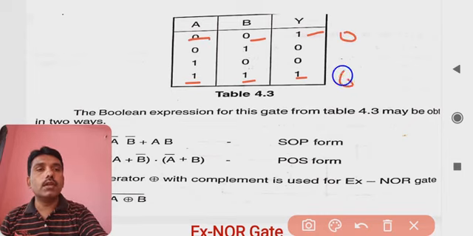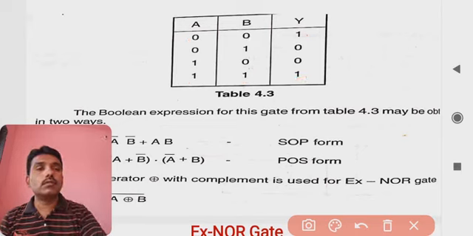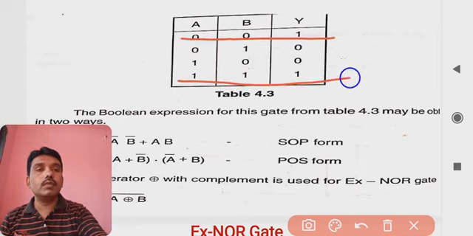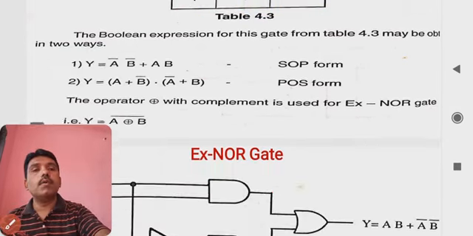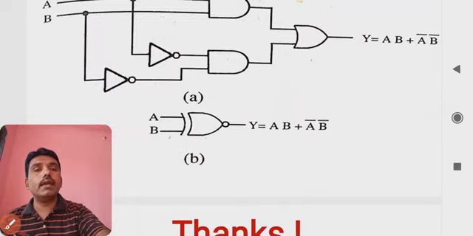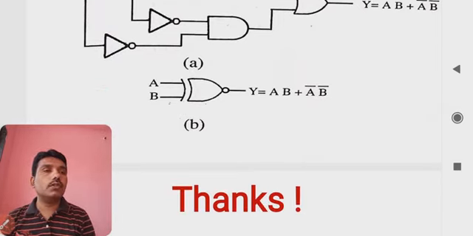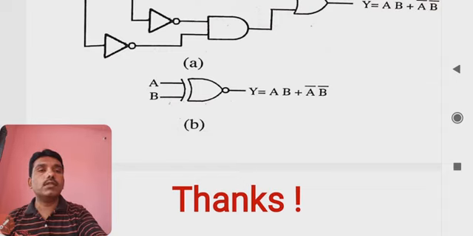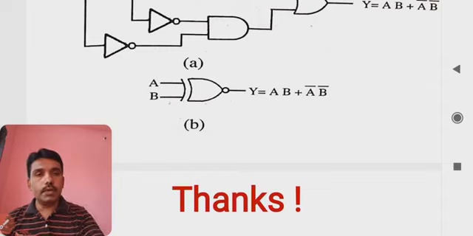The exclusive NOR gate is the complete inverse of that, as shown in this truth table: when all the inputs are same, output is high. So this is the complete explanation of the exclusive OR gate and the exclusive NOR gate. As far as symbolic representation, I have already told you that it is Y = AB + A'B'.